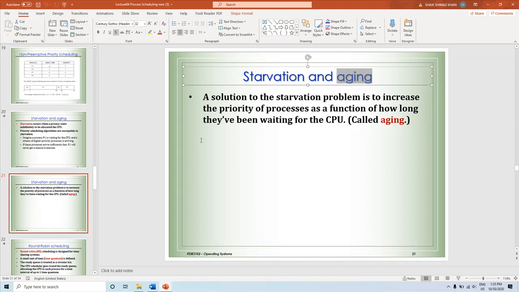According to the amount of time they are waiting, the system slowly increases the priority, so that eventually the process priority increases and finally it gets the CPU, and thereby it avoids starvation. You understand? According to how much time it was waiting, the priority is increased. This solution we call aging.